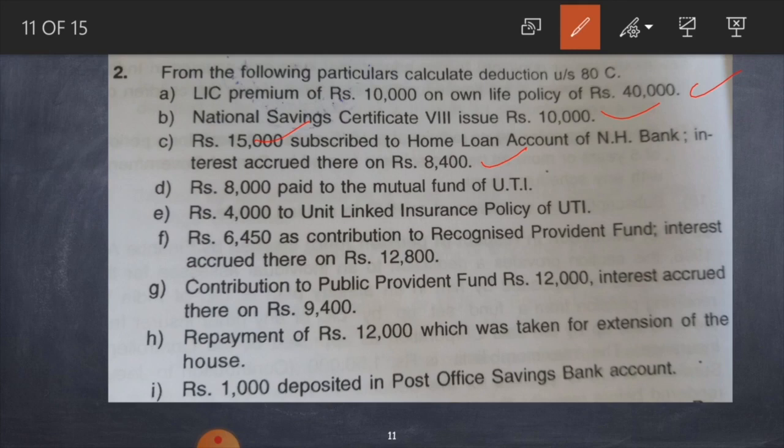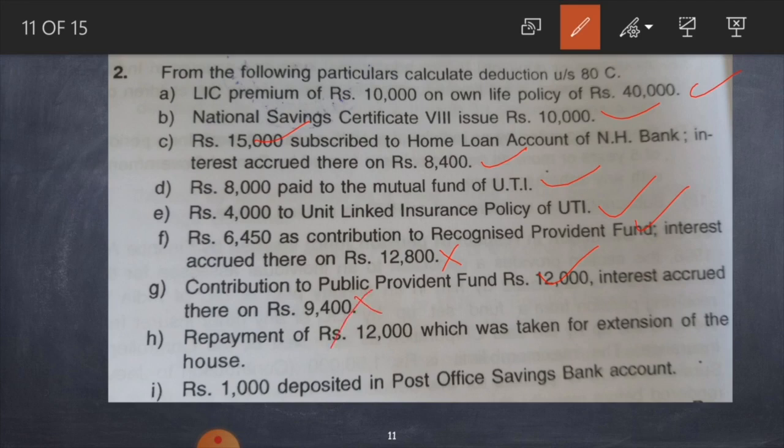Next, 8,000 paid to the mutual fund of Unit Trust of India is eligible, 4,000 to unit linked insurance policy of UTI is eligible. Next, 6,450 as contribution to recognized provident fund is eligible, and interest accrued thereon is not eligible, because only contribution to recognized provident fund is eligible and not the interest. Contribution to PPF is also eligible and interest thereon is not eligible.